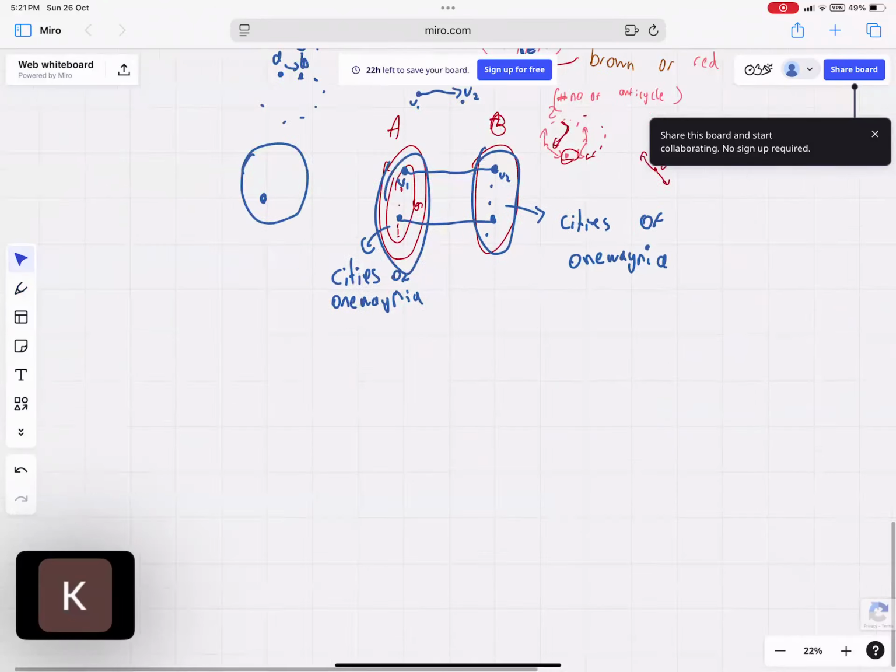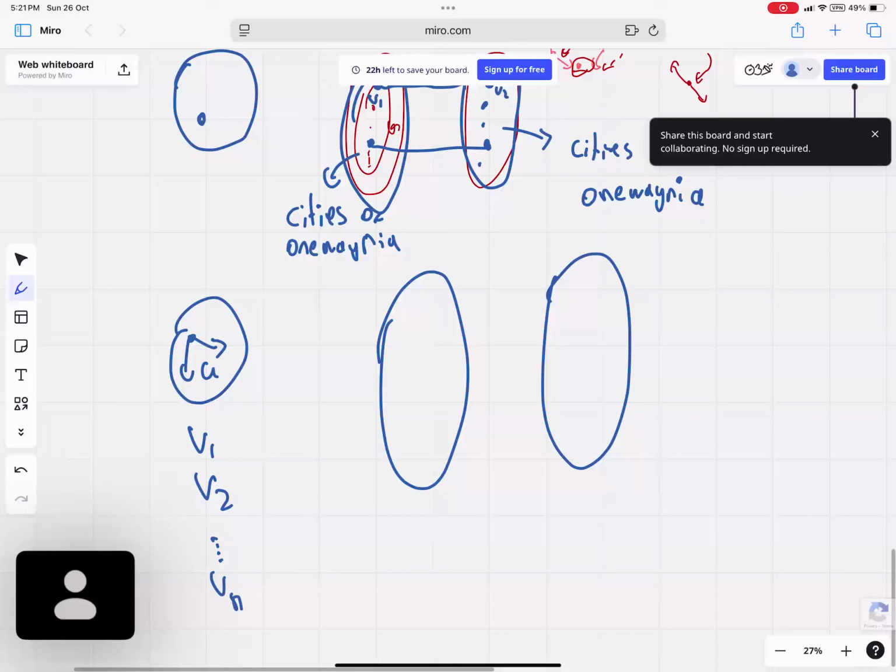Let me clarify. We have our graph G. Its vertices are V1, V2, and so on till Vn. We take vertices A1, A2 till An, and vertices B1, B2 till Bn.